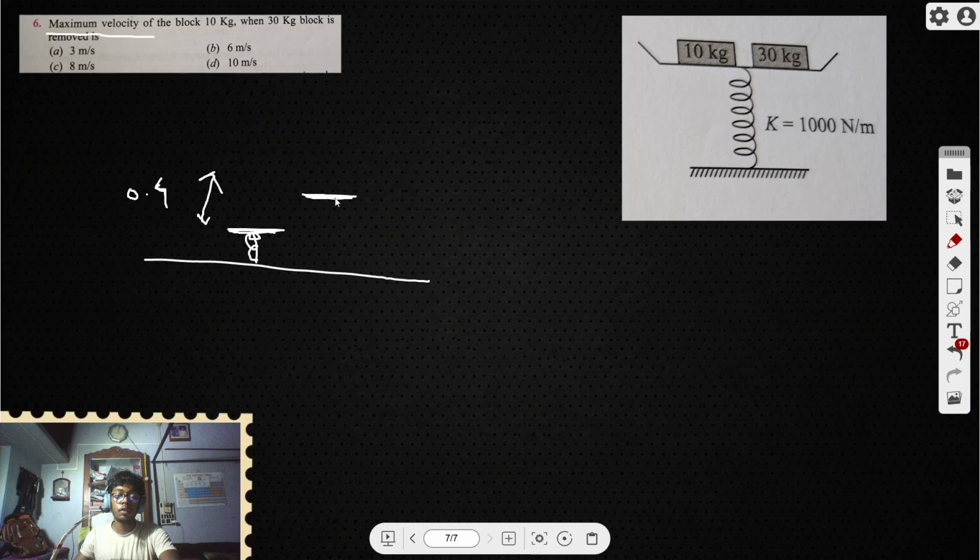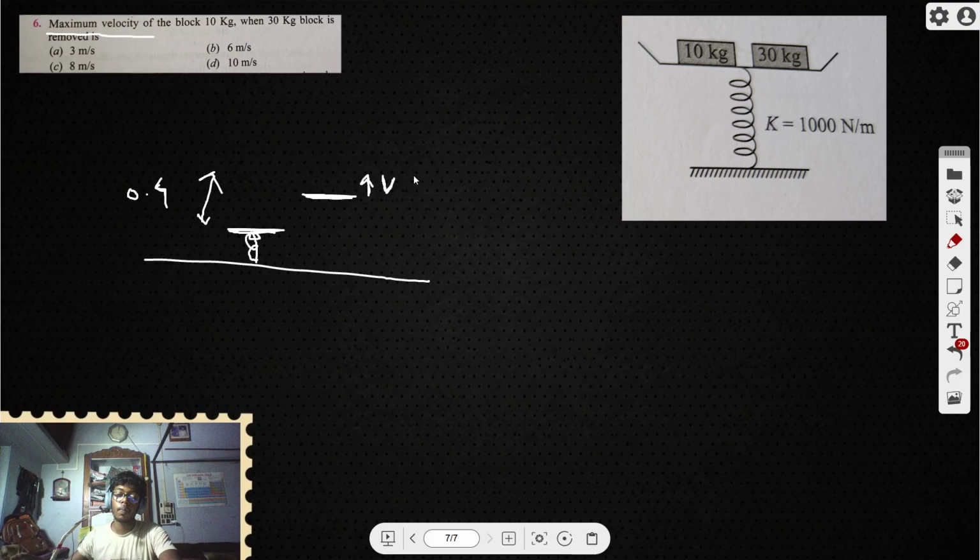In this case, if this is the equilibrium, then when the 10 kg block is going to jump off this surface to attain another 0.2 meter, that time the velocity will be maximum. When the 10 kg block is crossing its new equilibrium position, new compression, that time it is getting its maximum velocity.